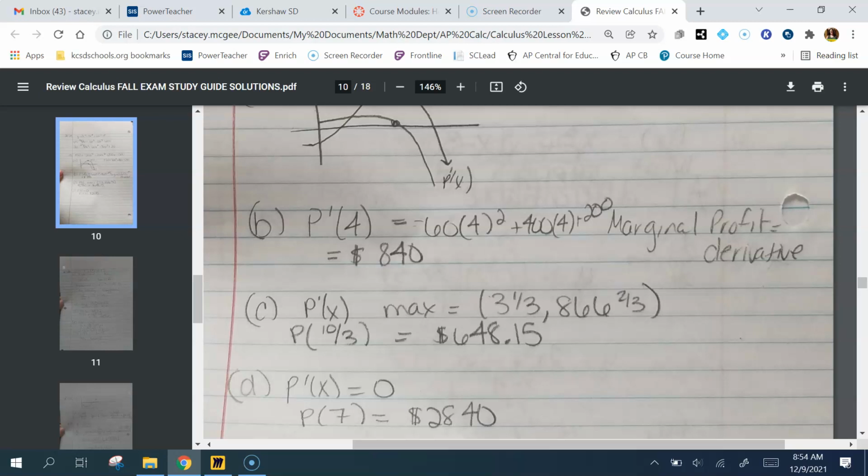You take that maximum on the derivative, because you want maximum profit, and you plug that x value into the profit equation to find out what the profit would be. So your maximum profit occurs when you sell 3 1/3. That amount is 648. Yes, this is a type of optimization.